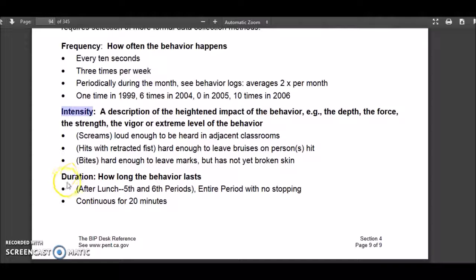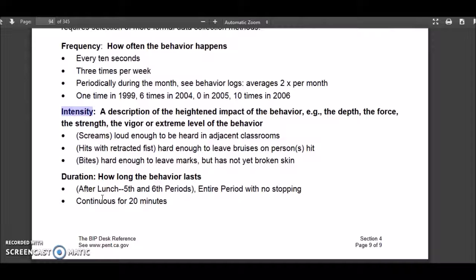The duration for which the behavior lasts is also very important in some cases. How long does the behavior last? Let's say the student gets off the seat. How long does he, or she, stay off the seat? Let's say the student cries or screams.